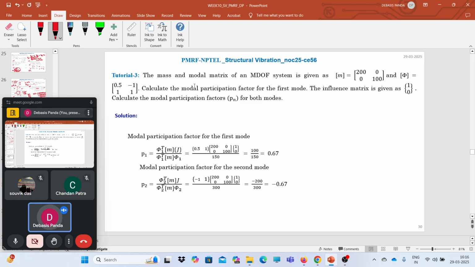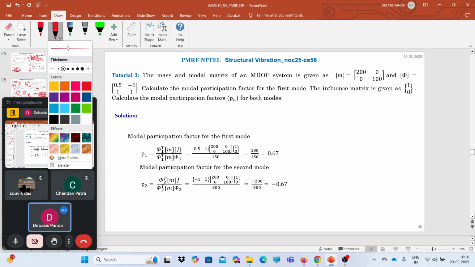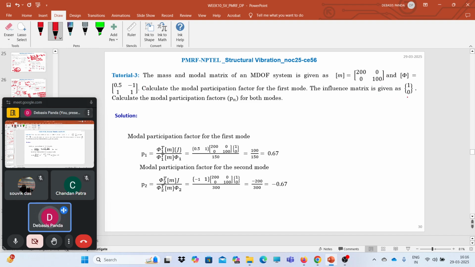So the mass and the modal matrix for the MDOF system. Here a two DOF system is given. Mass is given as 200 and 100. Mode shape information is also given. The influence vector J is also given, right? Now calculate the modal participation factors 1 and 2.